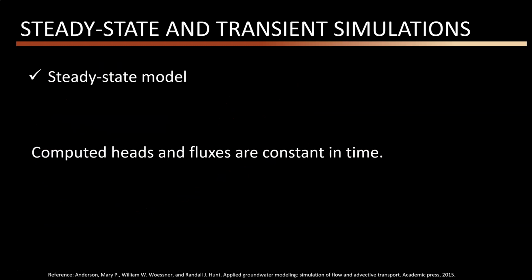So in previous slides, we talked about how we can spatially discretize our space domain. And here I want to talk a little bit about how we can temporally discretize our model.